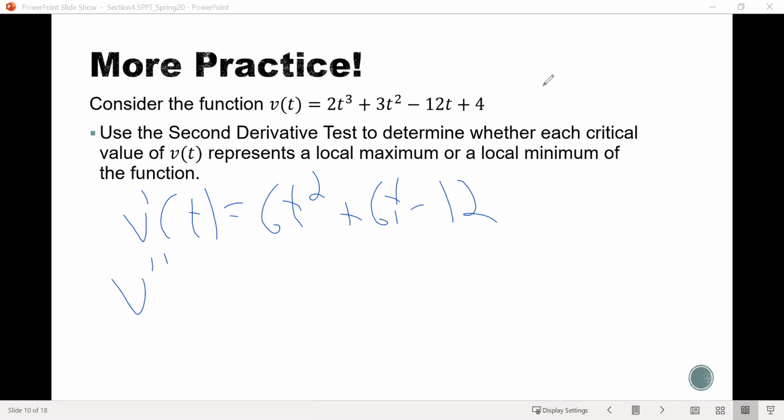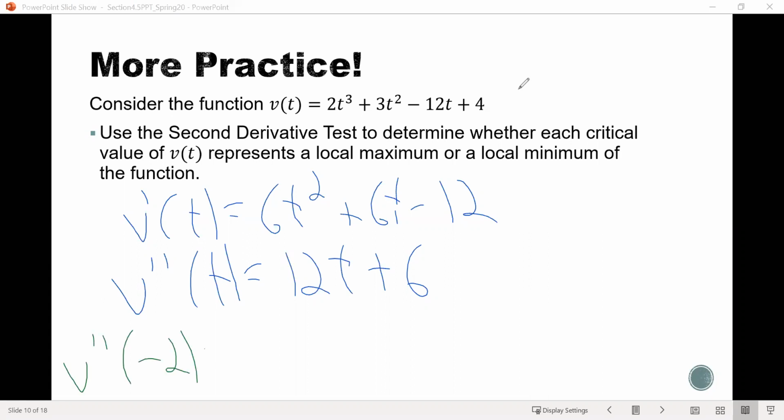The formula for the second derivative will be 12t plus 6. And we go ahead and plug in our two critical values. So we'll evaluate this at -2. If we do that, let's see, we have -24 plus 6, looks like we have -18. And then at the other value, at 1, we would have 12 plus 6, so we'd have 18.